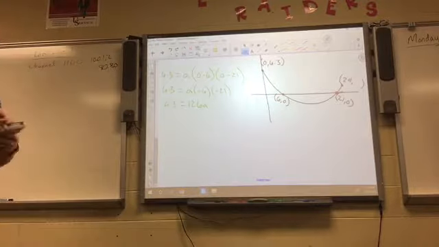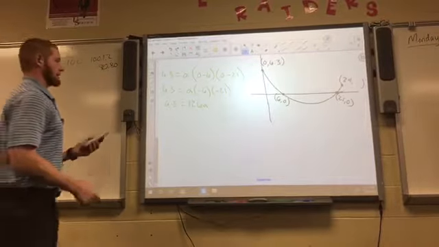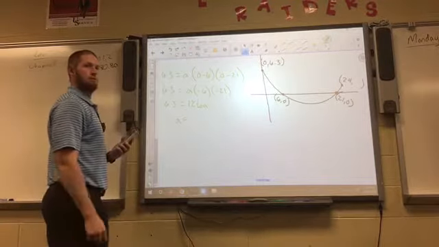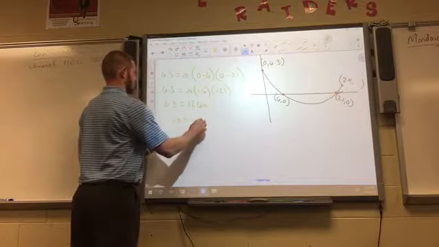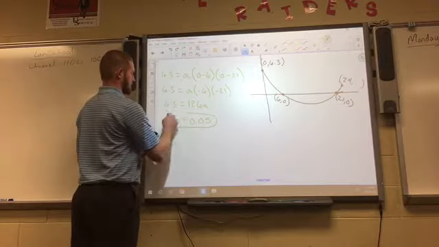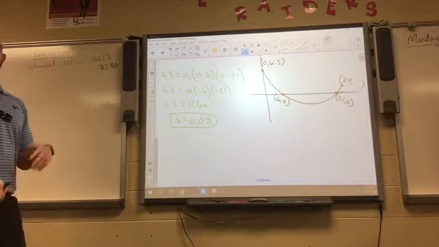Divide 6.3 by 126, and I get a equal to 0.05, and we had a decimal already, so if you want to leave that as a decimal, I'm okay with that. So now we found a.